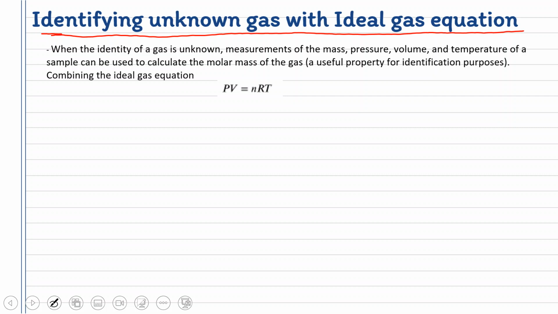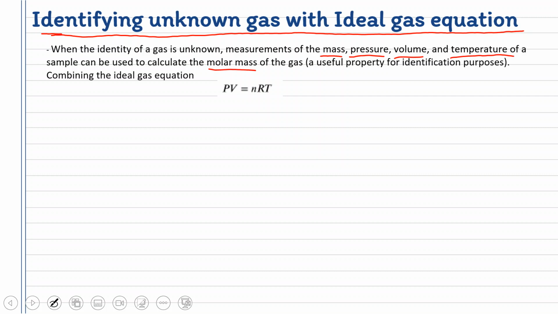If we can know the mass of the gas, or the pressure the gas is exerting, or the volume of the gas, or even the temperature, we can find the molar mass.